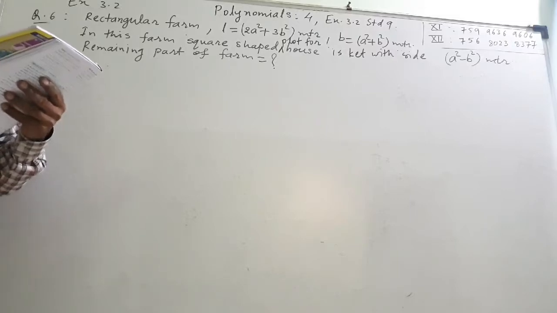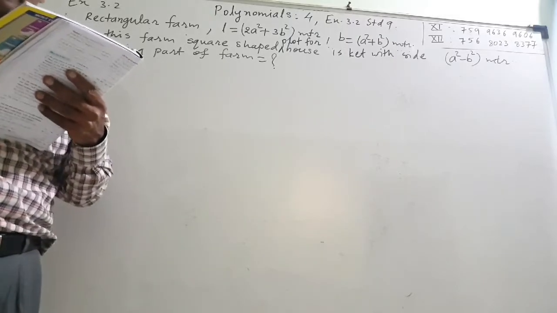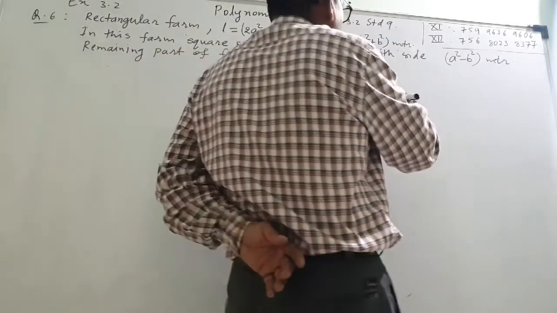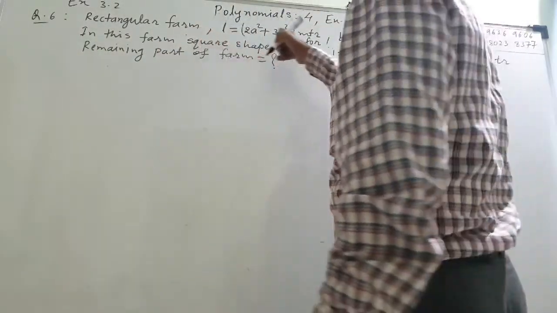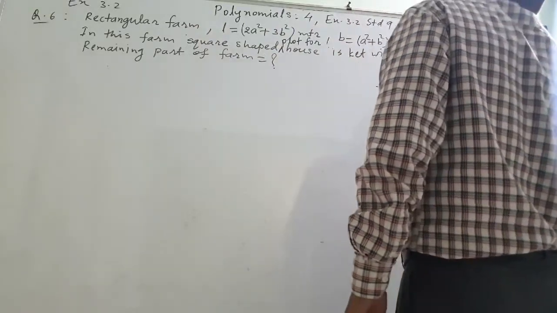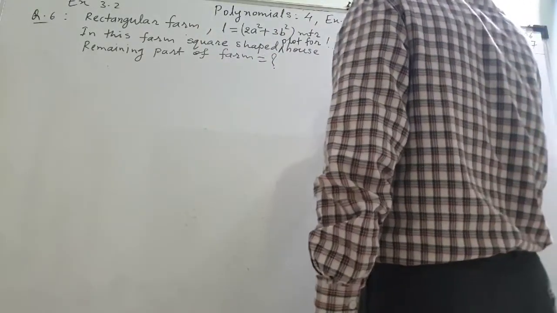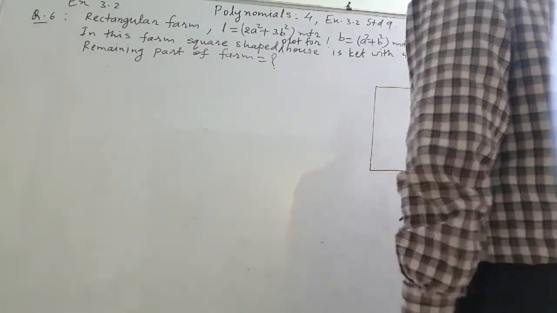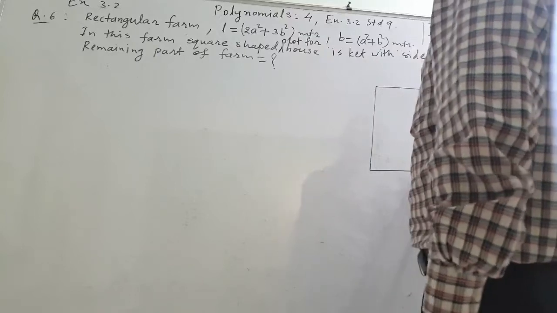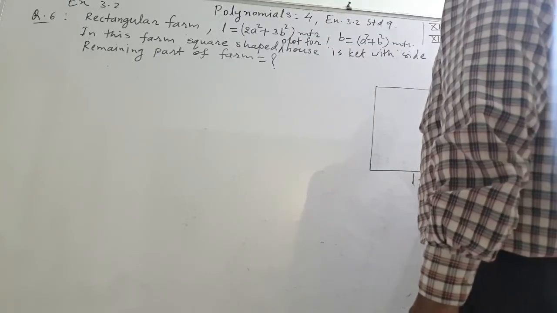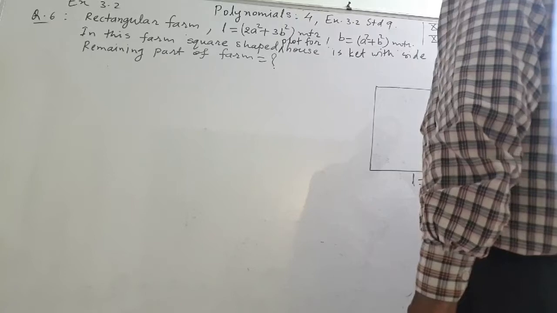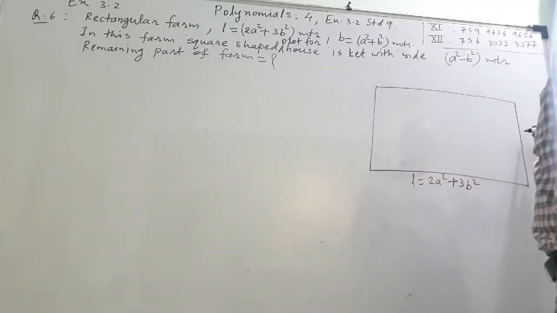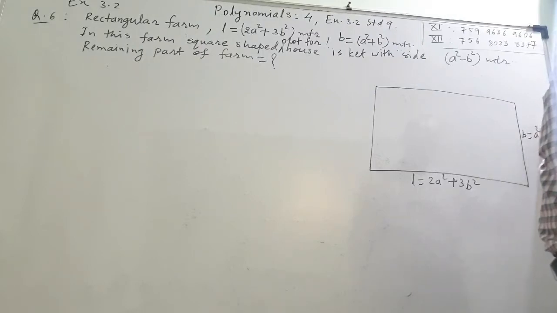So suppose this is a rectangular farm with length 2a square plus 3b square, and the breadth is a square plus b square.